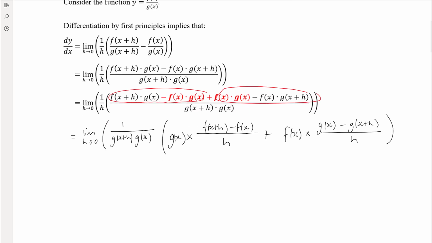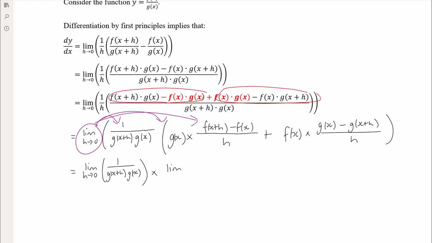Now what I might do is take the limit of that and the limit of that bracket separately. So let's think about the limit as h approaches 0 of 1 over g of x plus h times g of x, and then we're going to have times the limit. Now I might also expand it out into this bracket here.